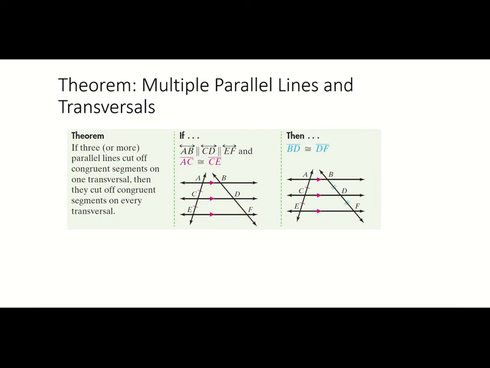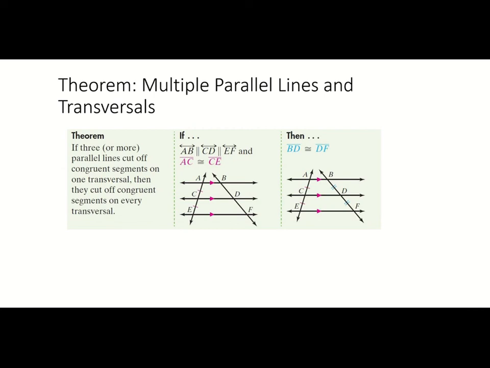Okay, our last thing that we have here is going to be a theorem. And this theorem, it's not necessarily about parallelograms, but parallel lines. And here we're going to add in more than 2 parallel lines. So if 3 or more parallel lines cut off congruent segments on one transversal, then they're going to cut off congruent segments on every transversal.